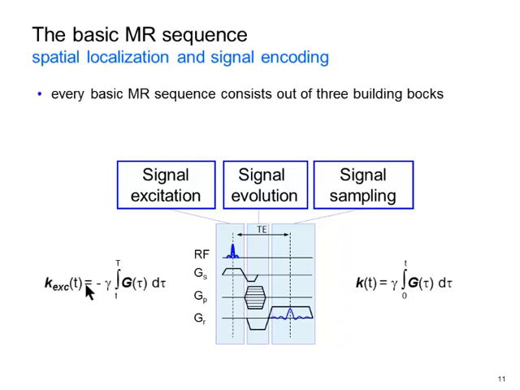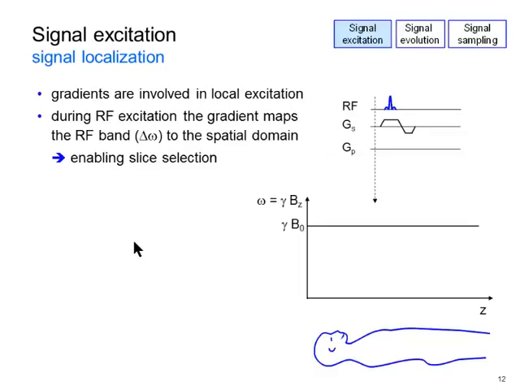On the transmit side, for the sake of completeness, we have the excitation k-space description here, mentioned by the previous speaker. And you see that in all these individual sub-elements of an MR experiment, gradients are involved. So let's talk about that a little bit in detail.